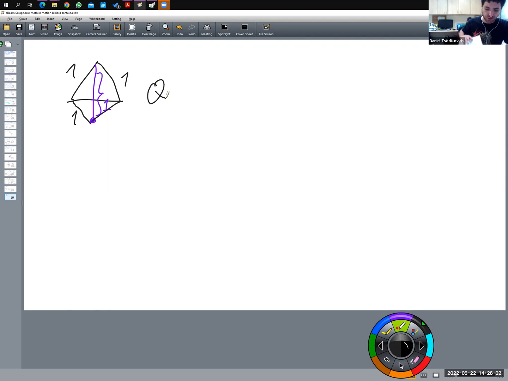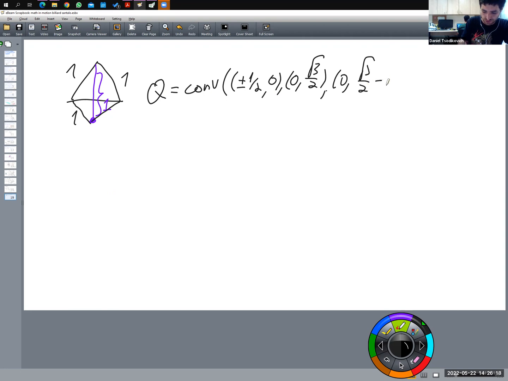And now here I get Q, a quadrilateral. So I can write what this is. This is the convex hull of plus minus half 0, 0 square root of 3 over 2, and 0 the square root of 3 over 2 minus 1.